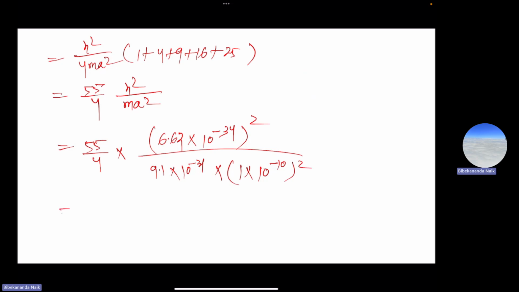If you calculate it, the value will come out to be 6.7 into 10 to the power minus 16 joule. So this is the correct answer.